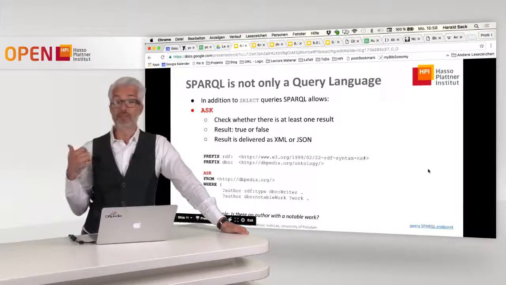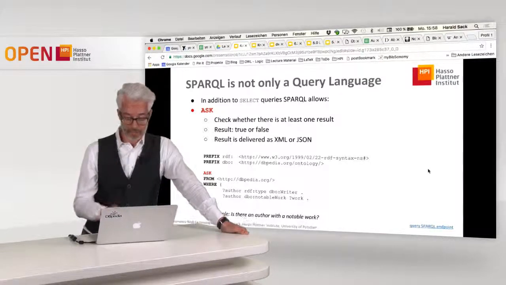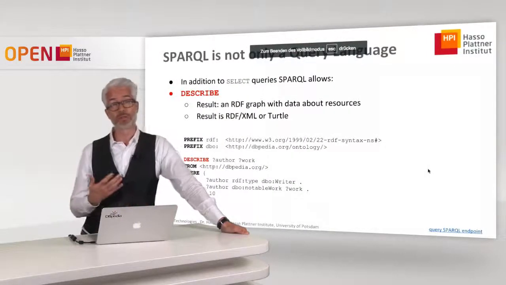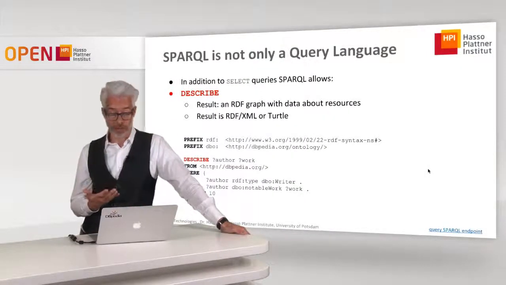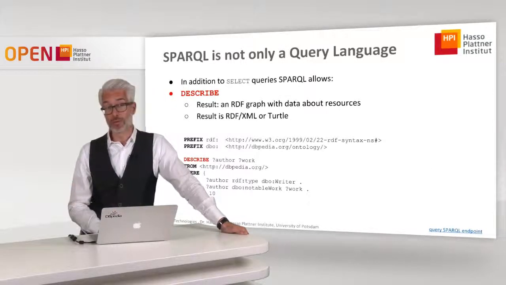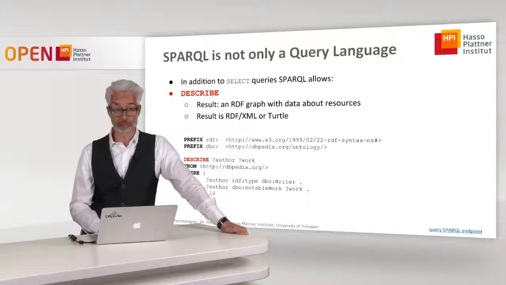Okay, so this is SPARQL ASK, but there is even more. So besides ask, there is the possibility to describe resources, which means that the same way you do a select statement, you can describe all the returned resources in that select statement. So look at the query we have here.